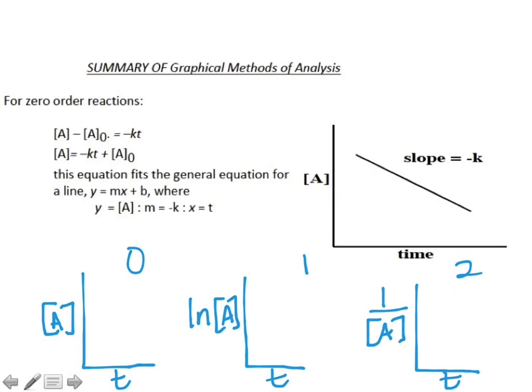So we can make this clear for you: concentration, ln of A, 1 over, or the reciprocal. So think of "clear" when you're thinking of those graphs and what they look like. And then remember, the graphs look like that.